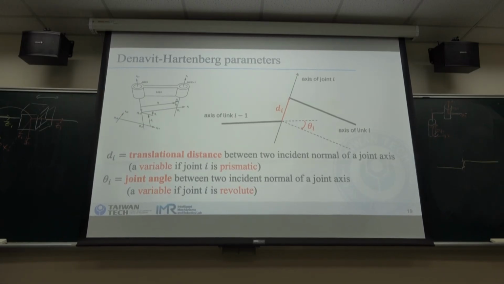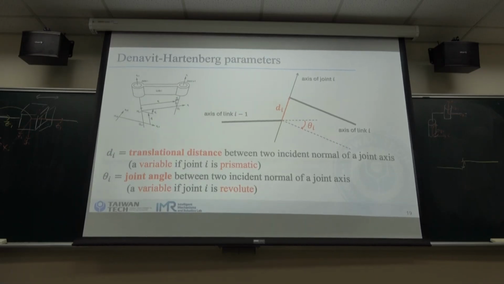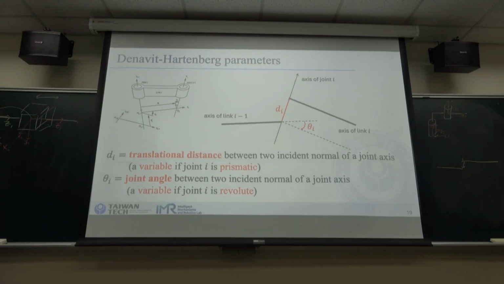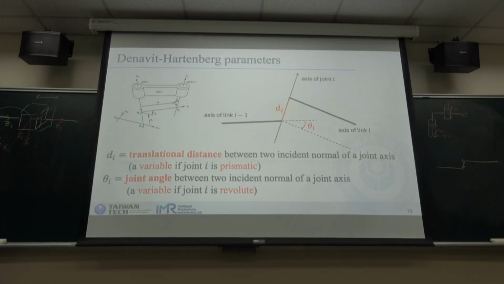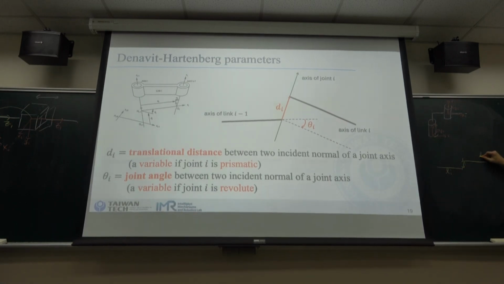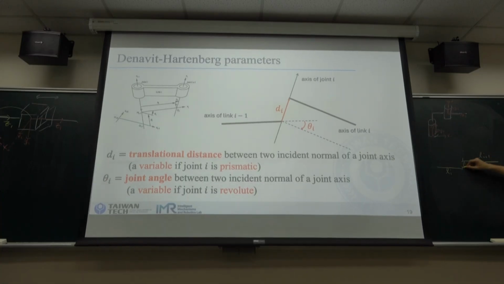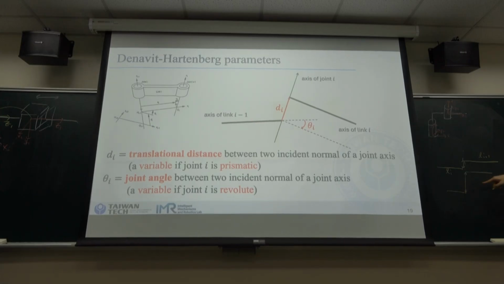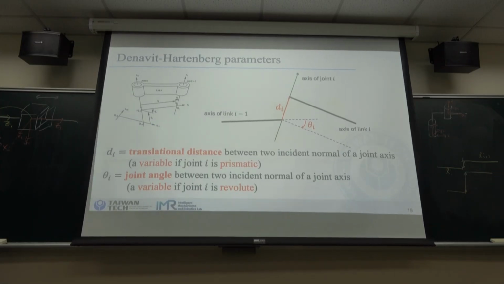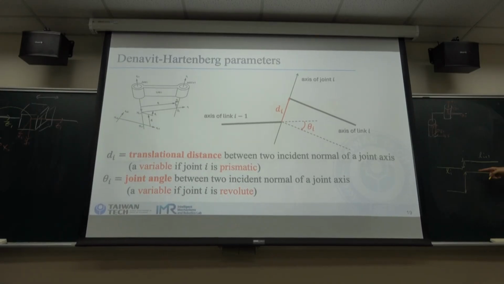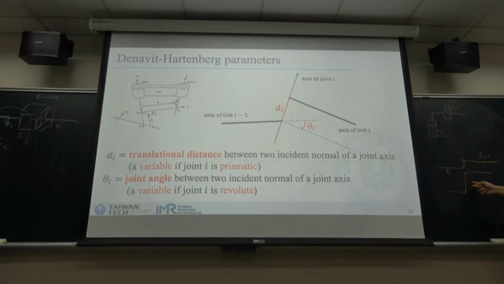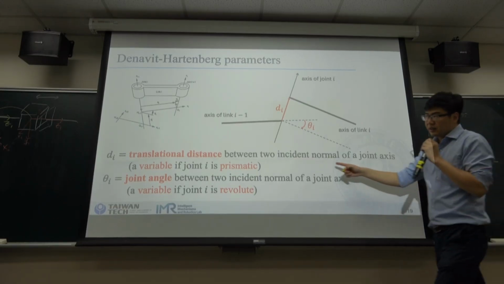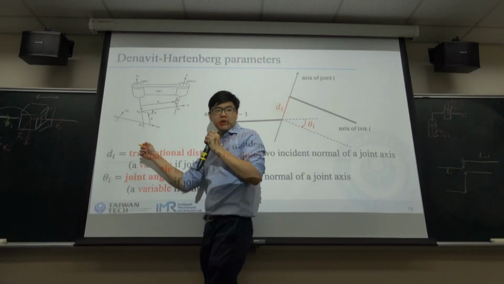Anyone? If the distance between two links changes, what is this type of joint? So this is link I and link I plus 1, and it can move so that the distance becomes very large and also very small. So this kind of joint is the prismatic joint. So D is usually the variable of the prismatic joint.